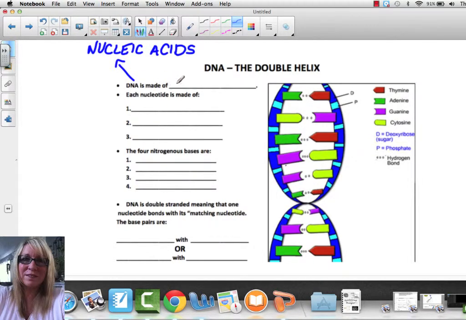The DNA is made up of what's called nucleotides. Each nucleotide is made up of one sugar, one phosphate group, and one base.